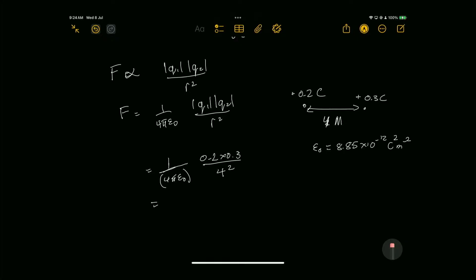Epsilon naught is used in many different things, while this Coulomb's constant is only specifically for this equation. Right, it's 3.37 by 10 to the 7 Newton.